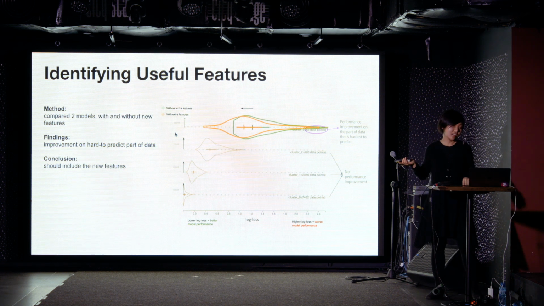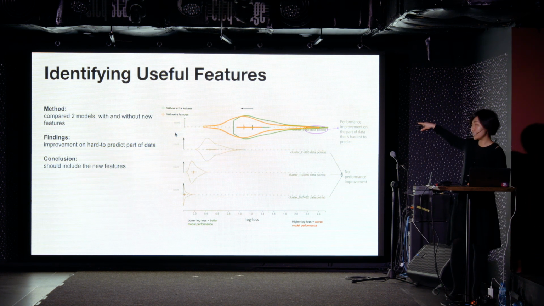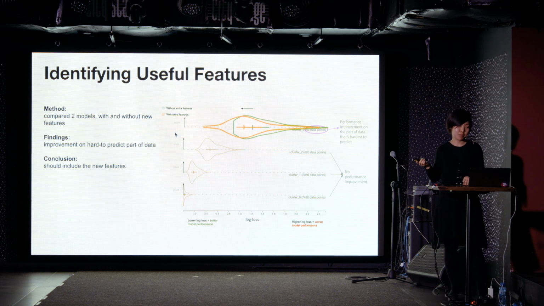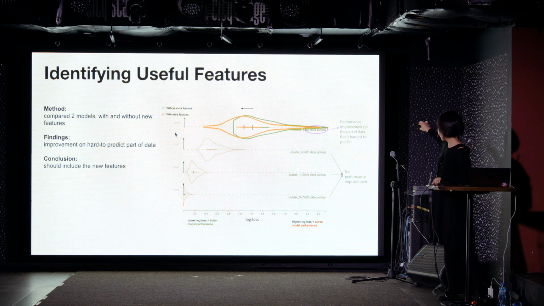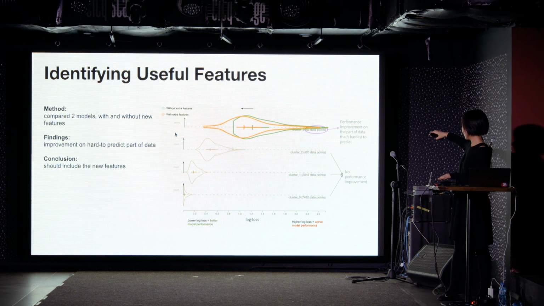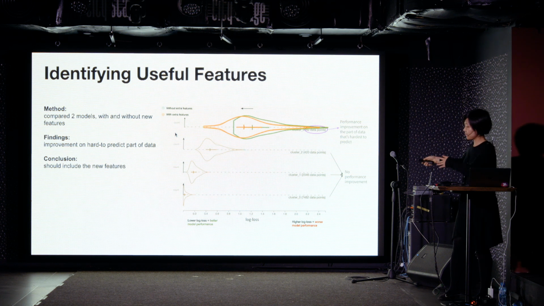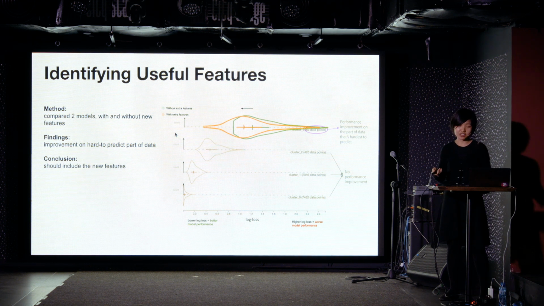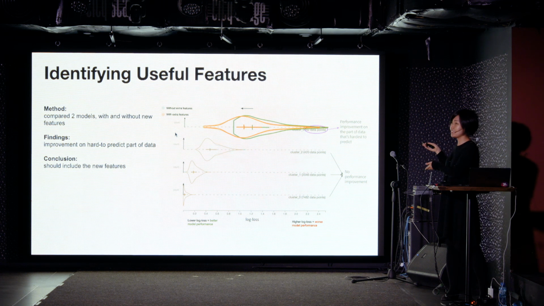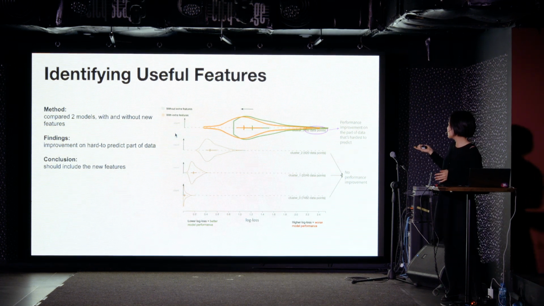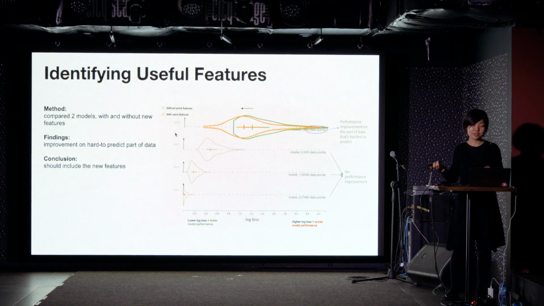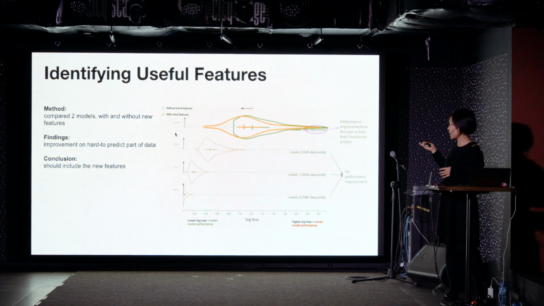Cluster 3, which is the top cluster, happens to be the poorly predicted data segment, by which we mean that it is on the right side of the screen compared to all the other clusters. Because this segment was initially poorly predicted, the new model, which is the orange one, actually increased the performance of this segment.